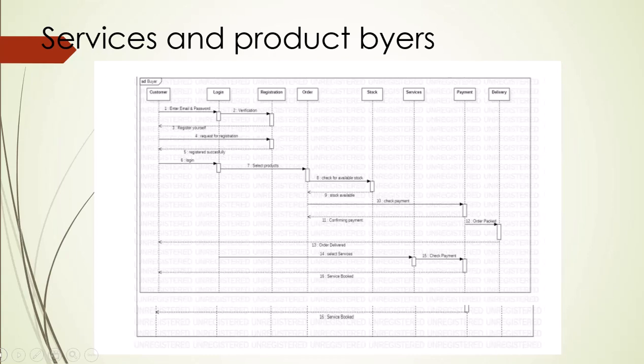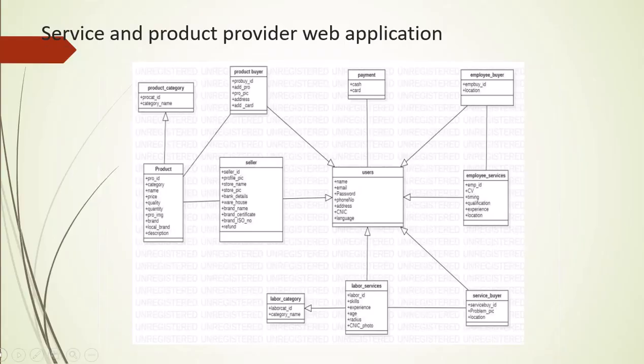And the sequence diagram is nothing but it is designed from the use cases, and how different use cases interact and communicate is shown. And this is the class diagram designed after the sequence diagram, the class diagram of the service and product provider application.